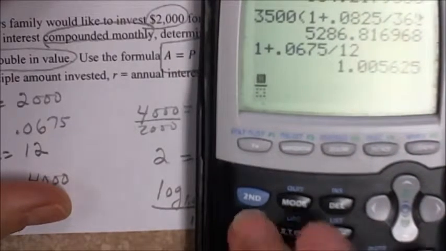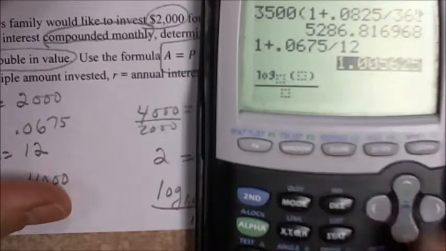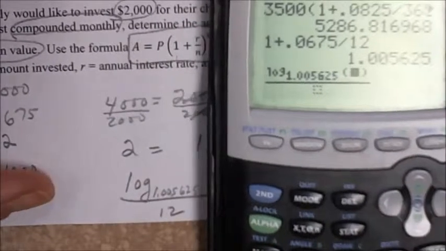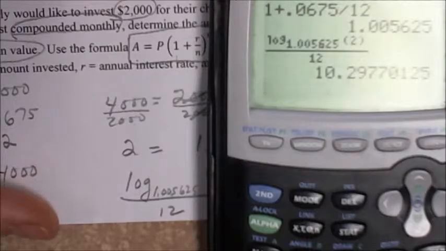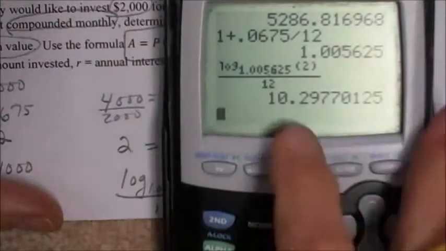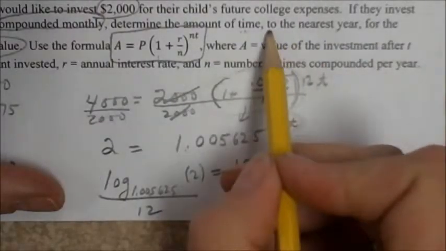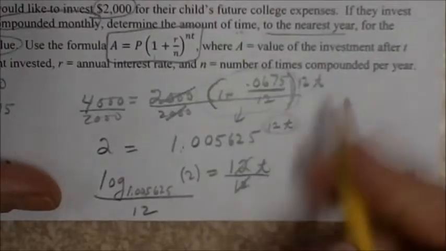So I use my fraction button, my log button, and I'm going to just go up and grab that number to put it as my base of 2 divided by 12. And it looks like the time is 10.29 and they want it to the nearest year. So this to the nearest year is approximately 10 years.